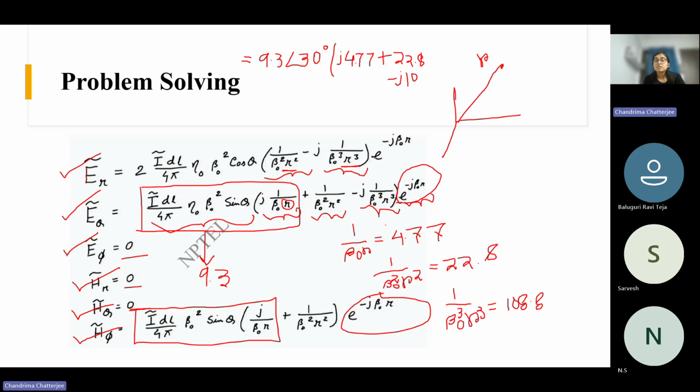This e portion we will consider later. Okay. So this and this we can simplify. Both have j.